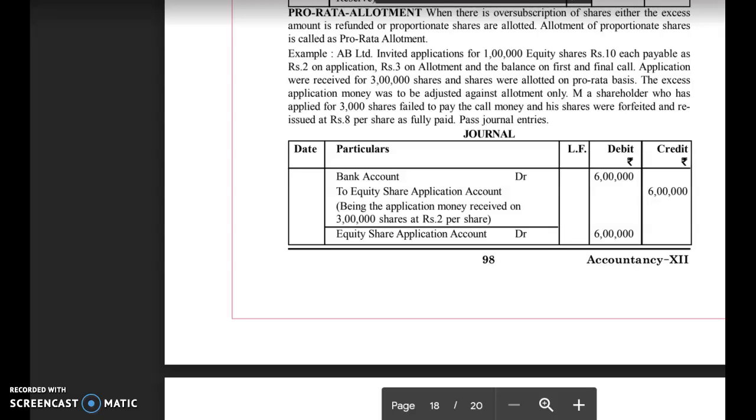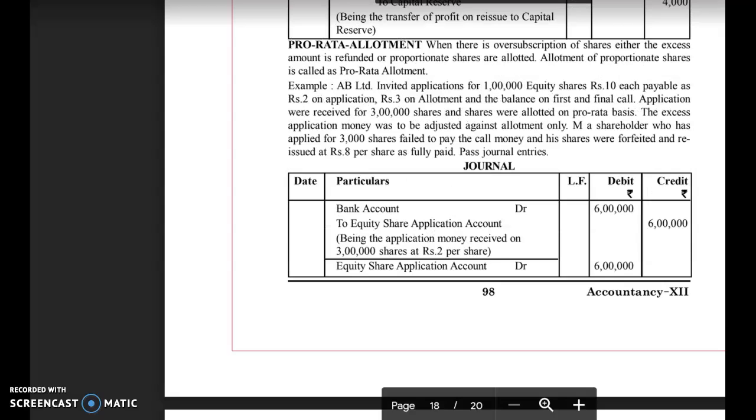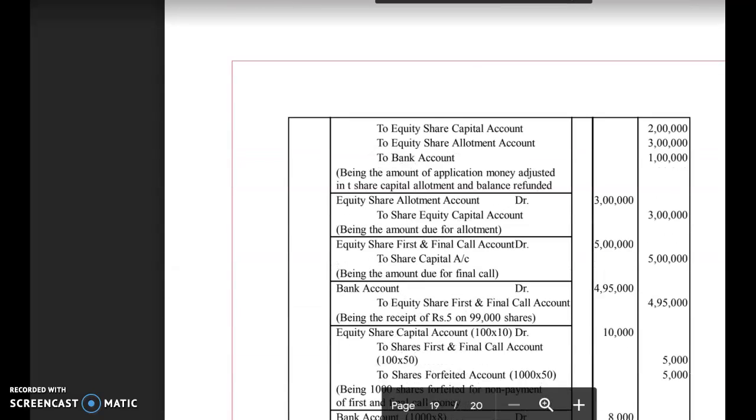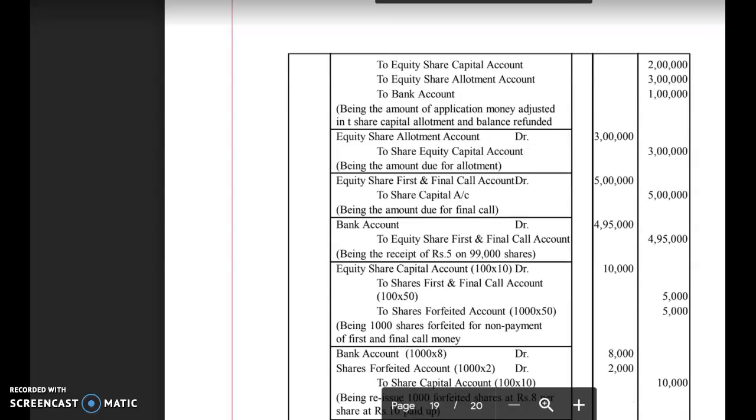So the person to whom the reissue had been made, he had paid at the rate of rupees 8, and 2,000 will be the loss of the company that will be adjusted from the share forfeiture account. As in the share forfeiture account there is profit, because share forfeited account includes what? The total amount which is received against the share, that here is shown 5,000.